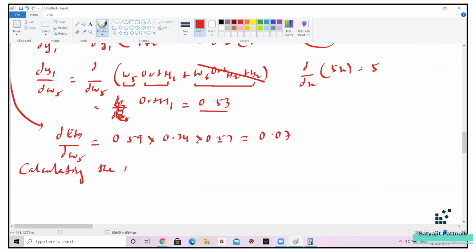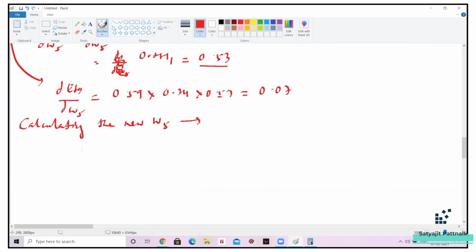It's calculating the new W5. I told you, right? When we backpropagate, we change the weights. So I will name the new W5 as W5 new, which is nothing but W5 minus eta of error of total with respect to W5.